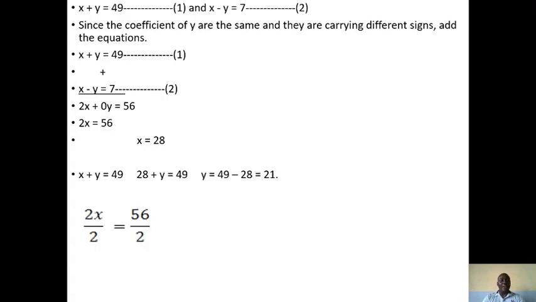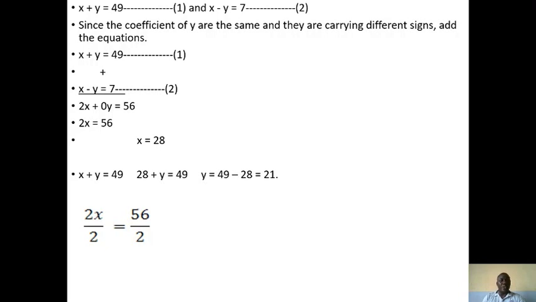That is why I have equation 1, here equation 2. When you add x plus x, you will have 2x. Minus y plus y will give us 0y. And 49 plus 7 will give us 56. So 0y is the same thing as 0. That is why we have 2x equal to 56.